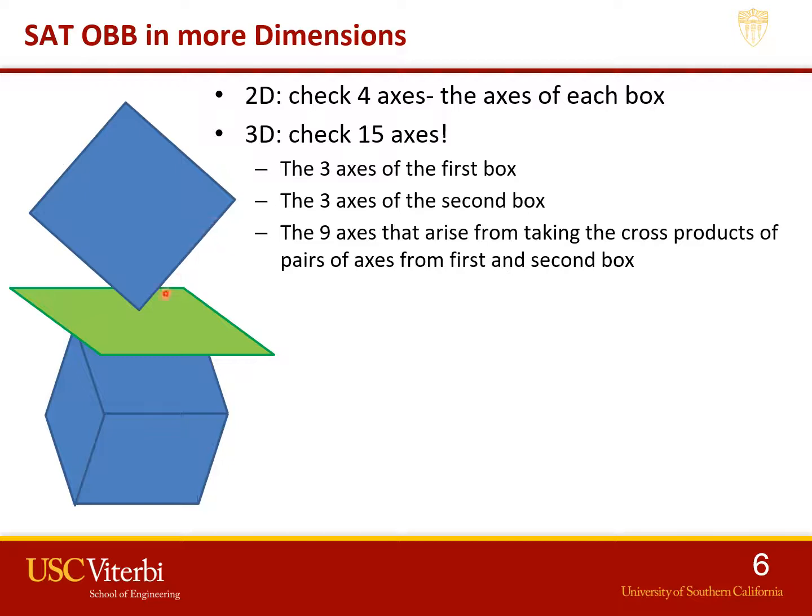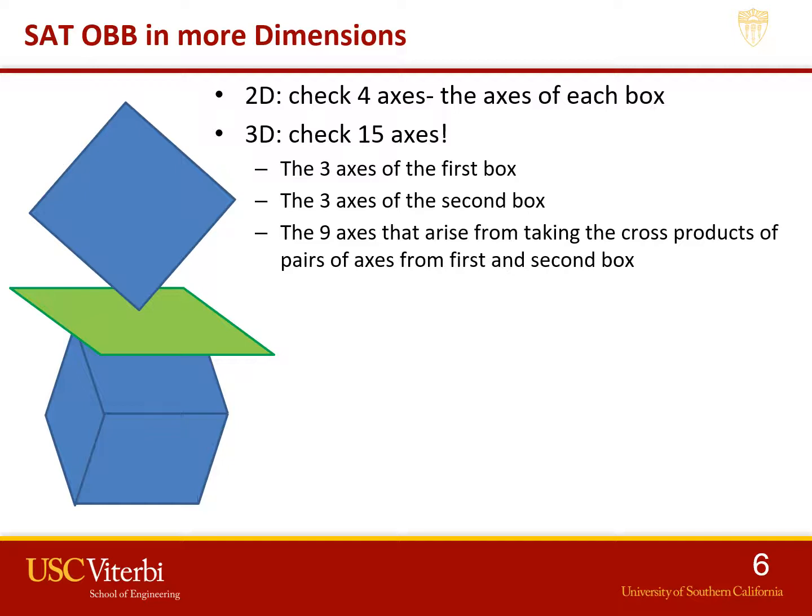Is it this axis? No, because that cuts right through the credit card. Is it this axis? No, that's not it. Is it this axis? No. This axis? No. It's none of the faces of the cube, of either cube. None of the faces of either cube is that green plane.